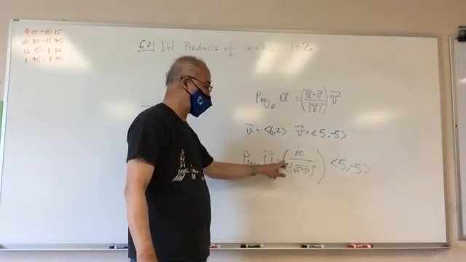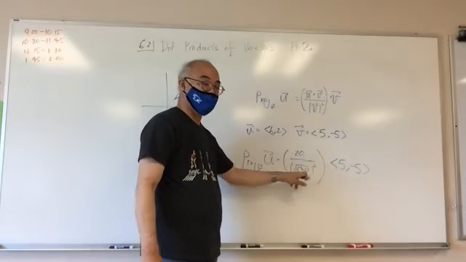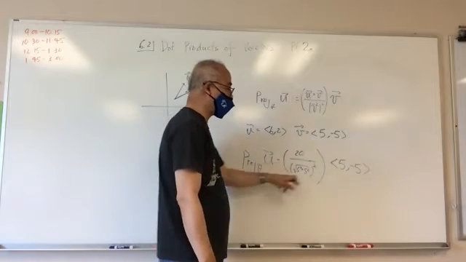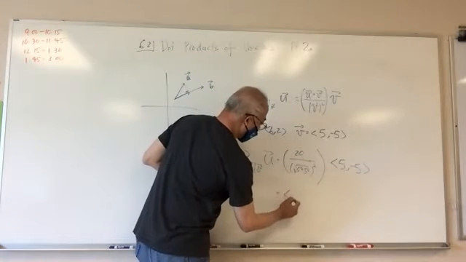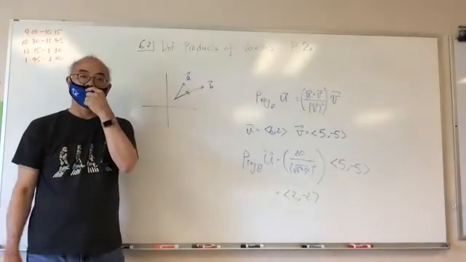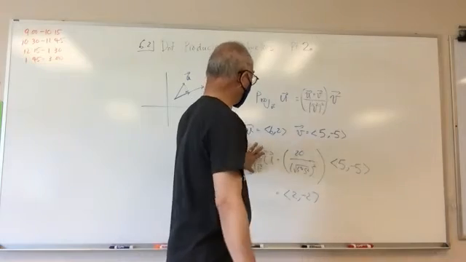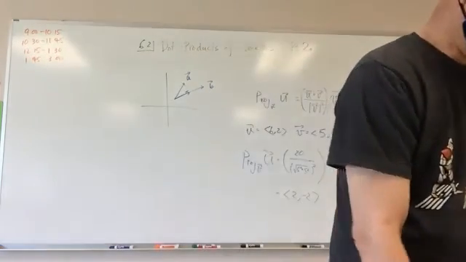This is root 50, then I have to square it, so it's going to be 50 again. So I have 20 over 50, which is 2 over 5, times this, which gives (2, -2). Again, you have to make sure you get the nomenclature correct. So that's example 5.